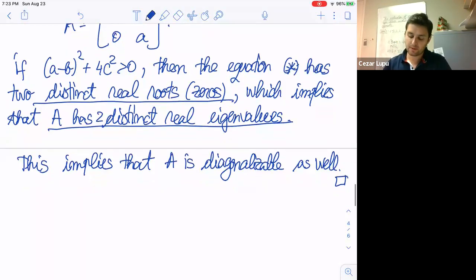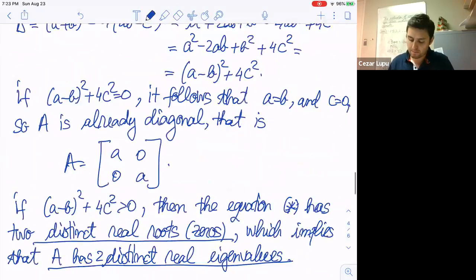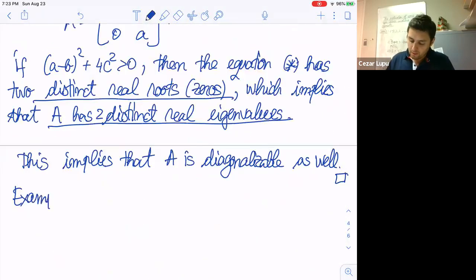Now, let me give you an example, since we're talking about symmetric matrices in the first place. Example 3 concerns the dimensions of the eigenspaces of a symmetric matrix.